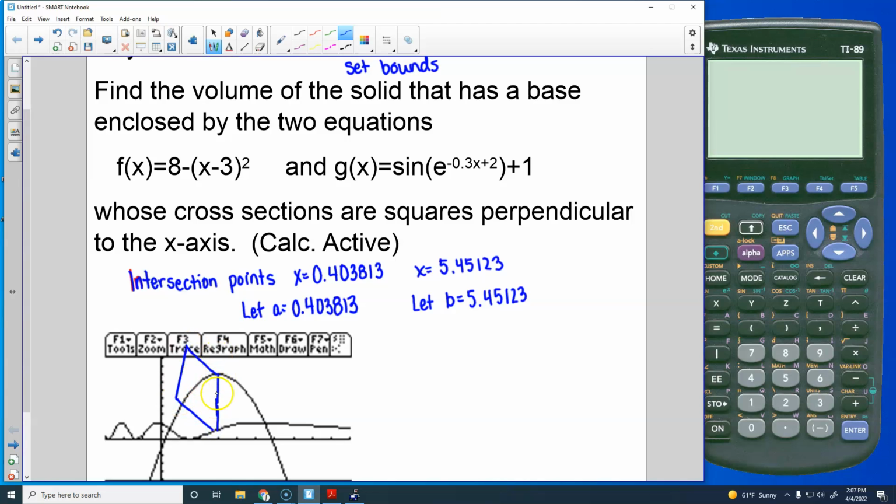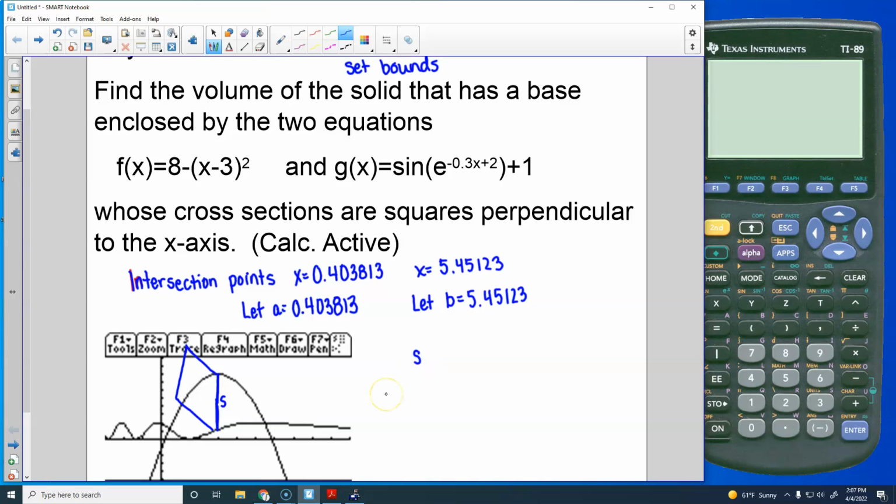We're going to try to make a square right here. The base of that square is right here, and I'm going to call it S for the length of the side. Now keep in mind S doesn't have to be right at that point. S could be anywhere. It's any of those vertical slices, right?